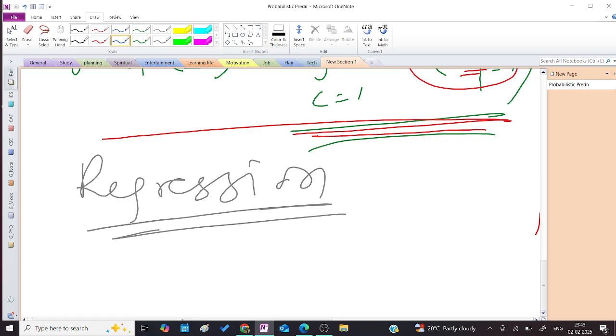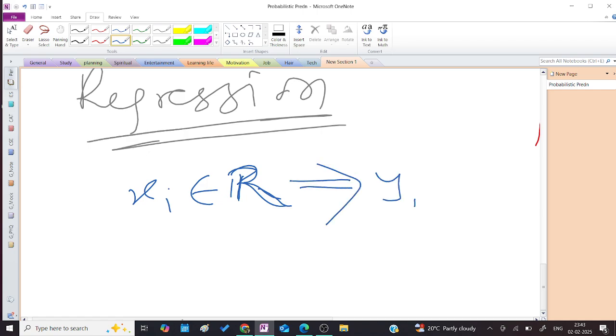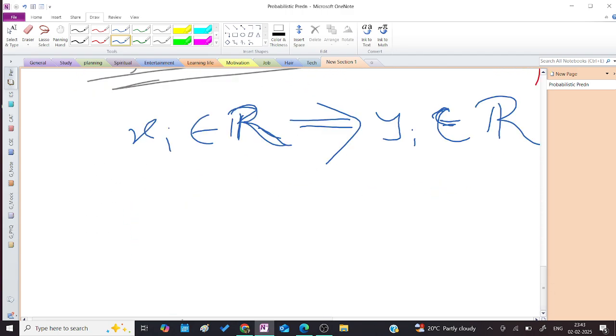So in regression, our input xi belongs to the set of real numbers, right? And it gives output y, which also belongs to the set of real numbers. So the response variable is continuous here.